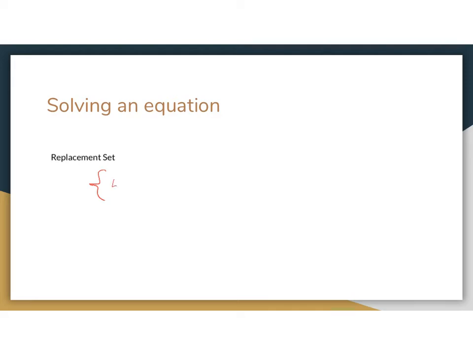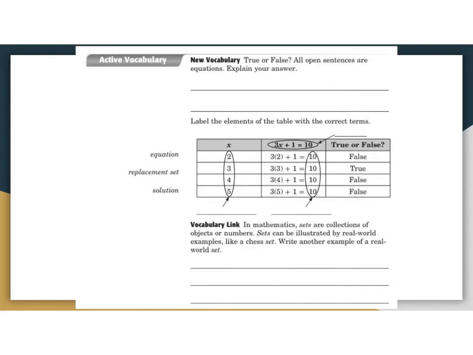So we would have 5, 8, 13, 21. This could be a replacement set. If you are still confused about this, don't worry, I will go through a problem using a replacement set later on. So go ahead and check your understanding here first.